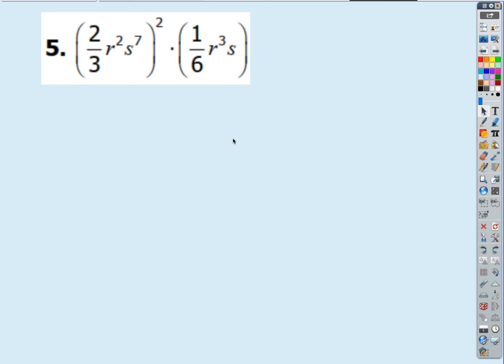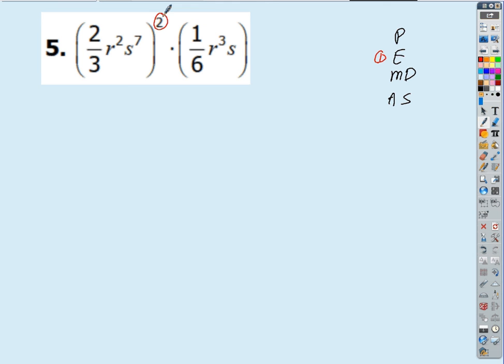PEMDAS. I'm just doing PEMDAS, right? The exponent. Gotta do the exponents first. Good, so step 1, and if we go down, let's just write out PEMDAS. So the first thing we do is exponent, right? So that means I've got to deal with this guy. Well, I've got a product of stuff. Nothing's being added or subtracted.